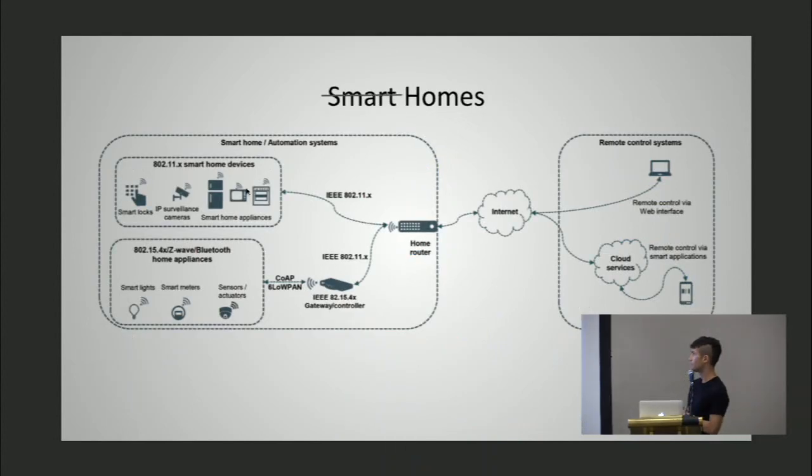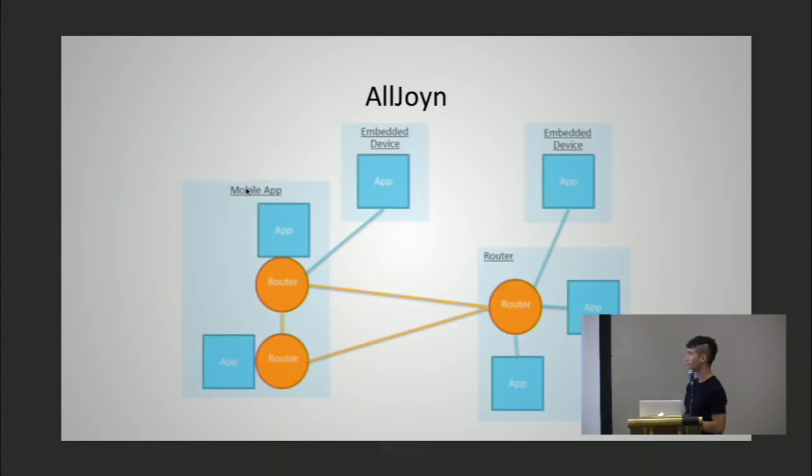So let's talk about smart homes now. One of the protocols that recently has taken some popularity there is AllJoyn. By the way, this is an interoperability protocol, so it's used for bridging different smart devices between each other, so that they have the same type of language to speak with each other.